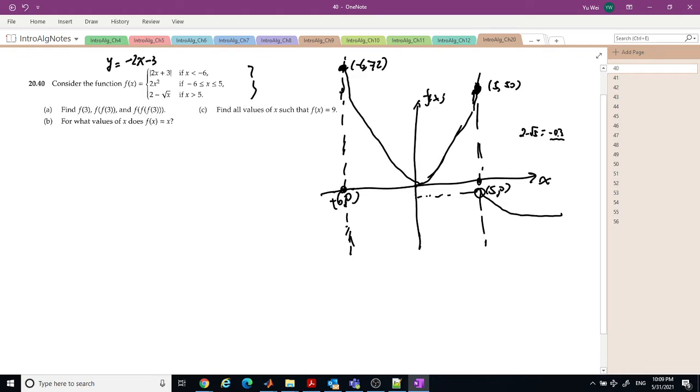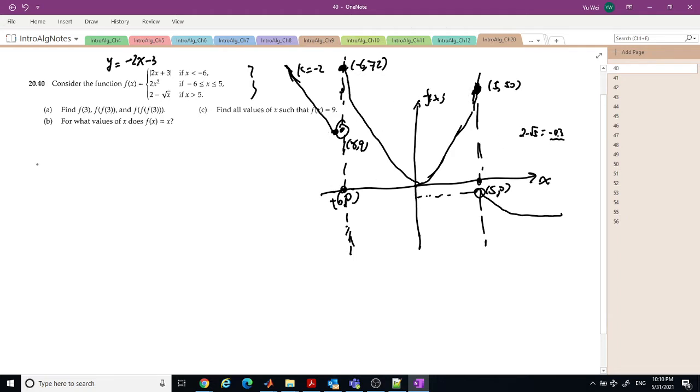Take the point at -6: that gives 9, so (-6, 9), passing through this one, and the slope is -2. So this is how the function looks.